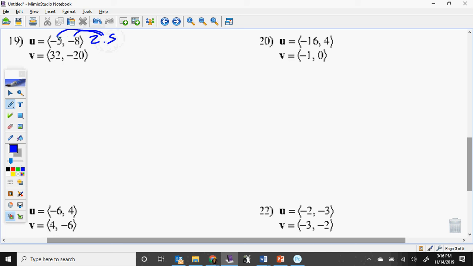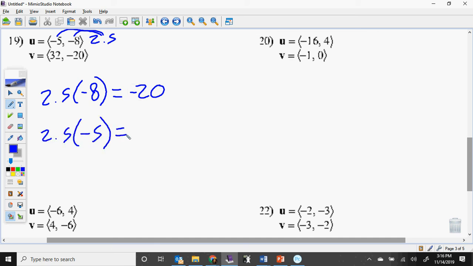But I know that if I do 2.5 times negative 8, I do get negative 20. But if I do 2.5 times negative 5, I get negative 12.5.